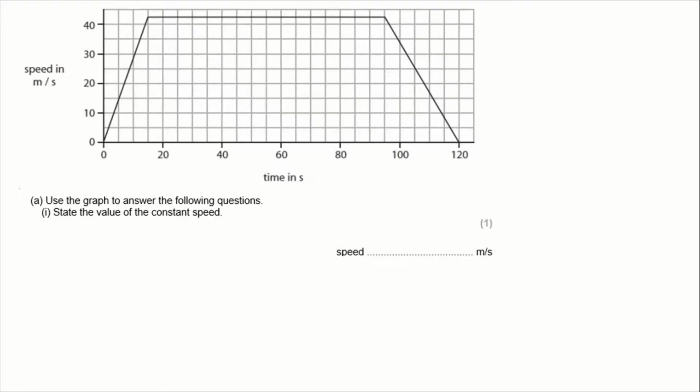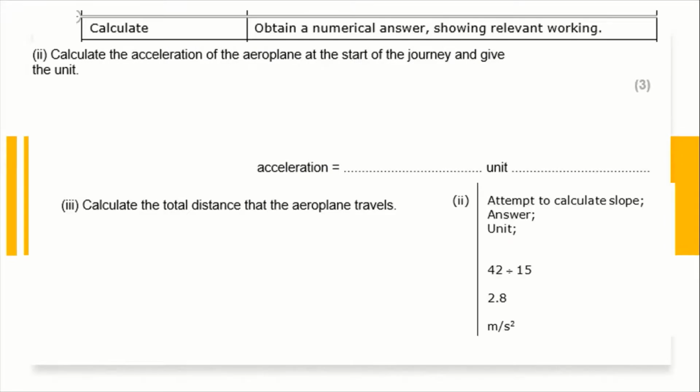That is rise over run. Then the second mark is for the answer and the third mark is for the unit. So attempt to calculate the slope, answer, unit. So these are the 3 key areas that you need to show in your answer to gain all 3 marks.